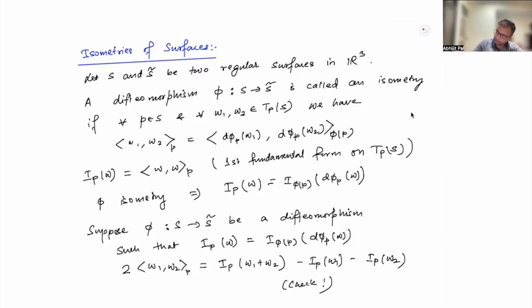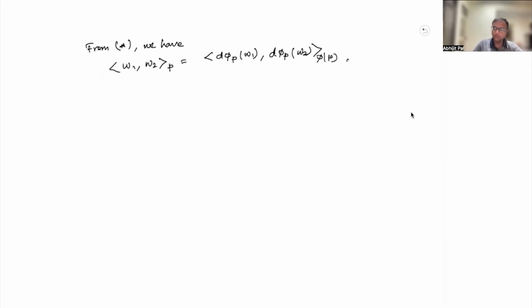Therefore, from this equation, the inner product of W1, W2 at the point p is equal to the inner product of d phi p of W1 and d phi p of W2. Okay, so this implies that phi is an isometry.